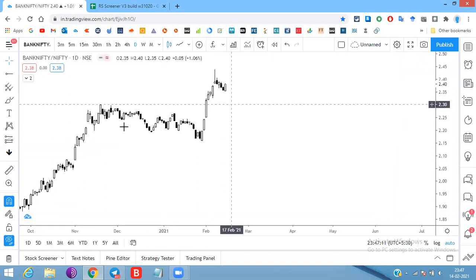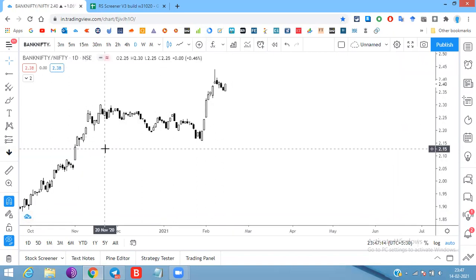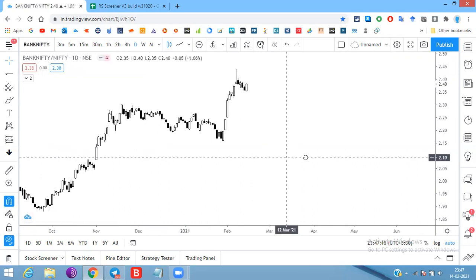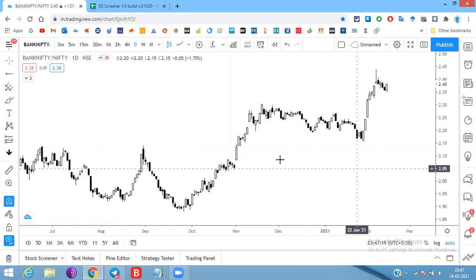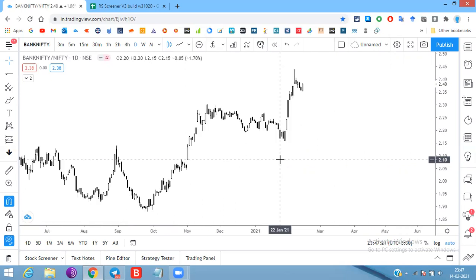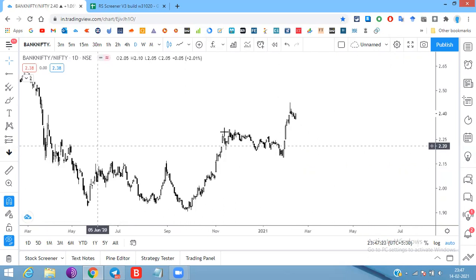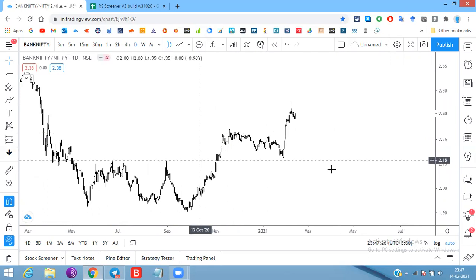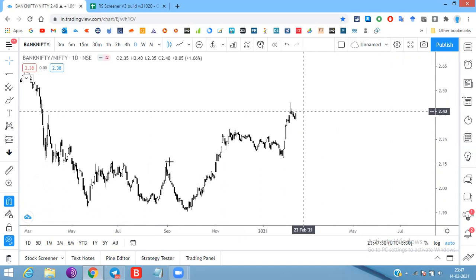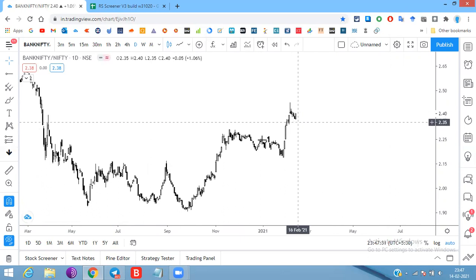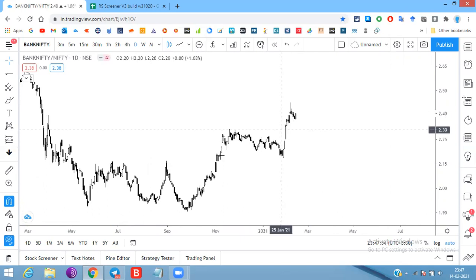Okay, so in this case also we can see that we can take the whole chart and say that the whole Bank Nifty is outperforming the Nifty markets.